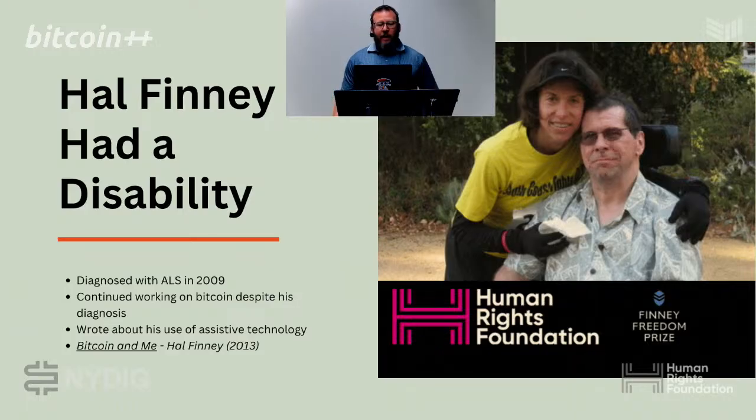And he wrote about his use of assistive technologies in a post called Bitcoin and Me from 2013. I have that linked here, and it's also in the resources. I would recommend taking a look at that towards the end. It's a really good quote about how he was using assistive technology and how he was still coding and trying to advance Bitcoin.